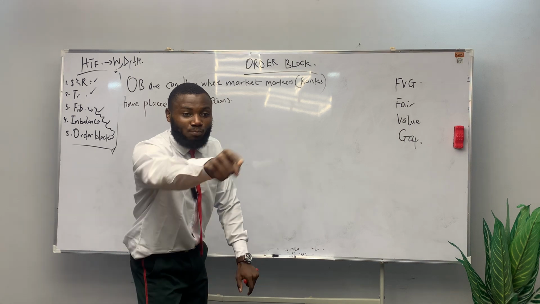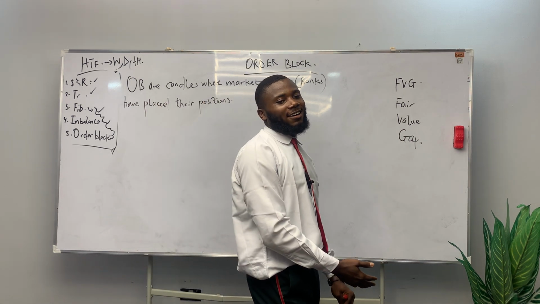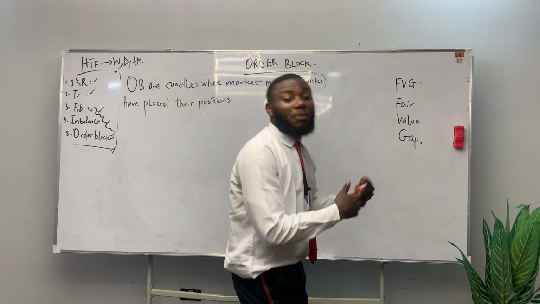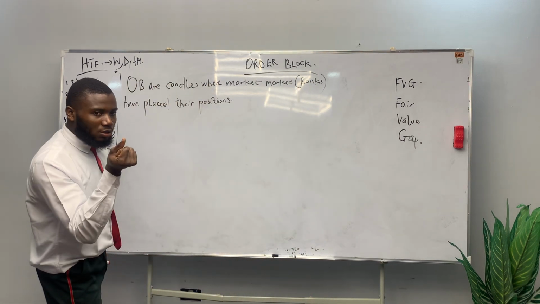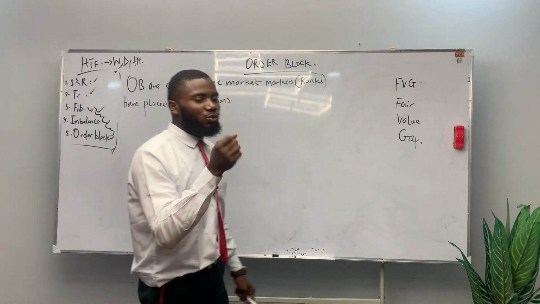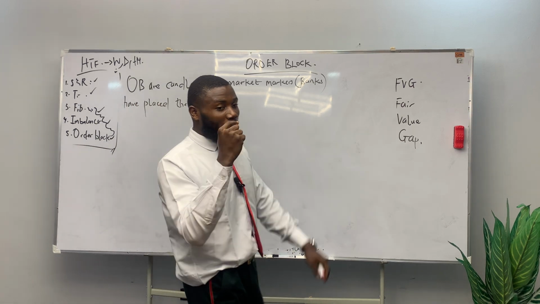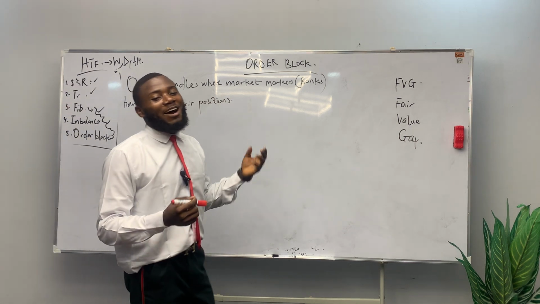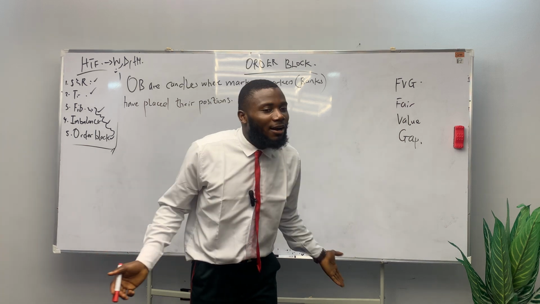So it means if you can spot that candle, you will join them on the ride, either they are trying to buy the market or sell the market. If you can spot OB, you will know that these guys are here, let me join them. But even if the banks' positions are there, they can still do anything.